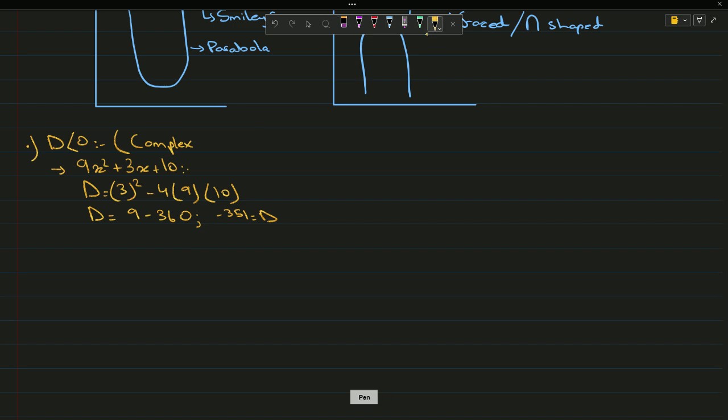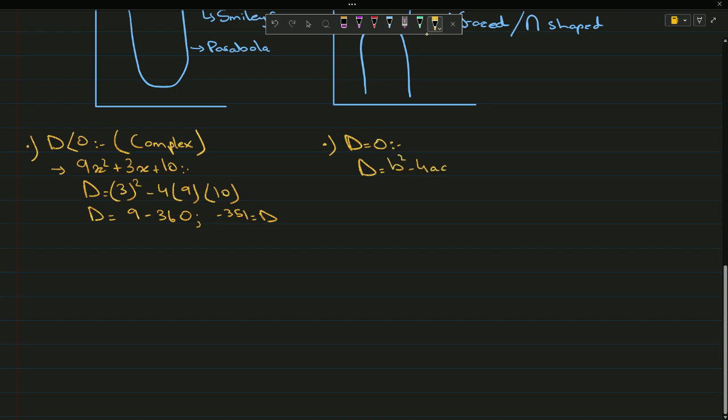The second example which I would like to give you would be of what happens when d is equal to 0. When the discriminant would be 0, first I would write the formula of discriminant, b square minus 4ac.